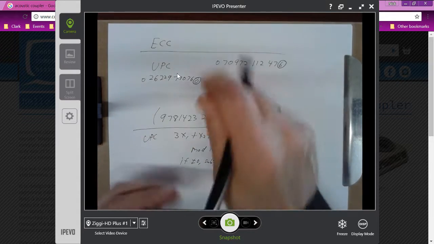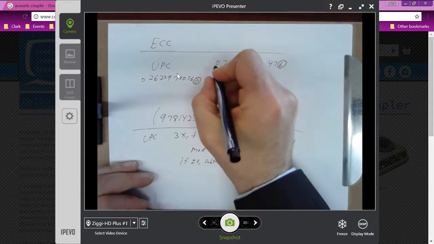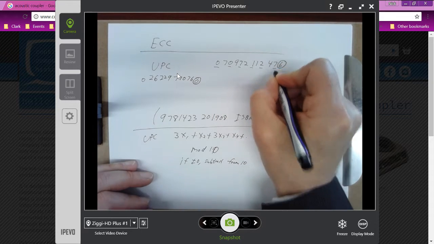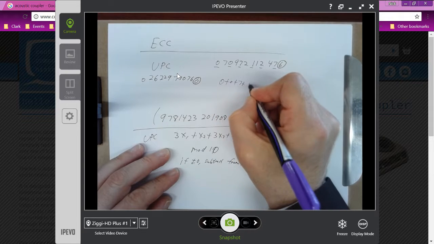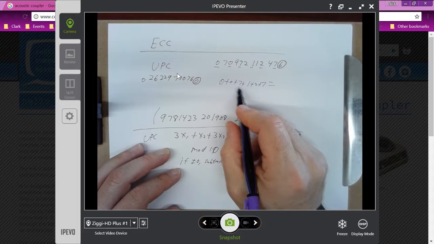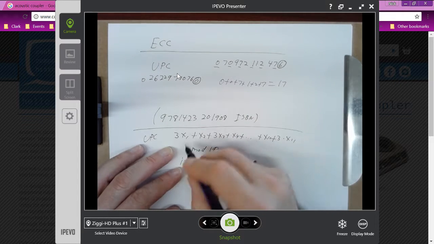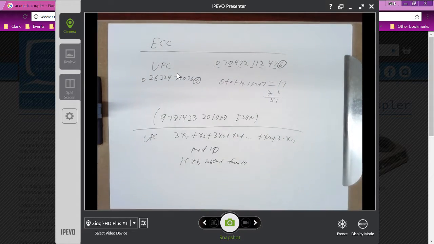So let's try it with this one. Let's find our odd digit positions. So it's 0, 0, 7, 1, 2, and 7. Add those together: 7, 14, 17, and then multiply by 3 is 51. So that's the sum of the odd digits.